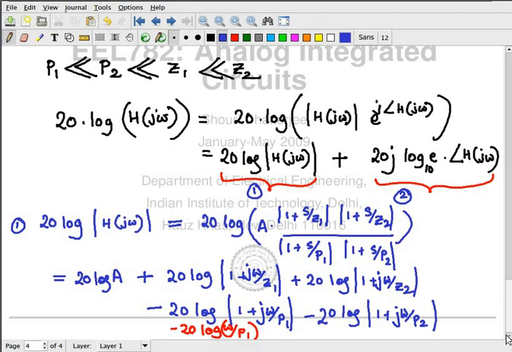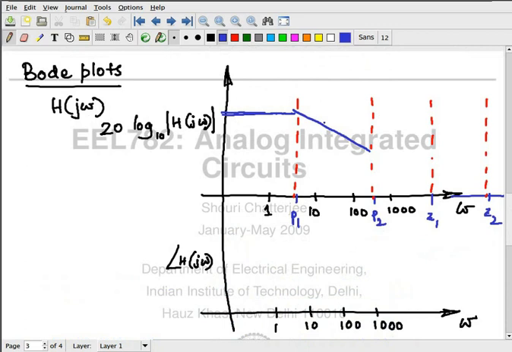It will change by 20 dB, because we have made 10 times omega, 20 log 10 is equal to 20. Right? So every time you make omega 10 times, your gain is dropping by 20 dB. So that's called the slope is minus 20 dB per decade.